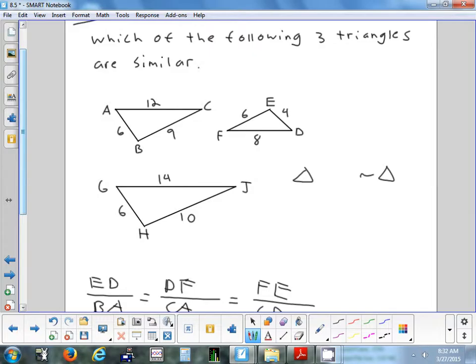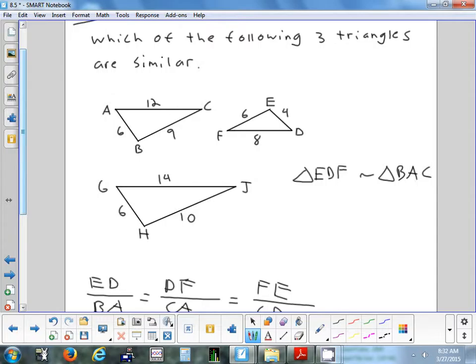Triangle EDF is similar to BAC. All right, so triangle, you said EDF. Yep. Okay, so once he picks the 3 letters on the right, he can do any order he wants, but now he's going to be very careful about how he names them on the left. So go ahead. Would you say EDF and? BAC. Yep, BAC. Perfect.